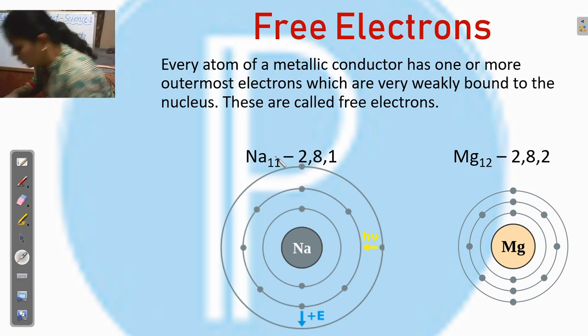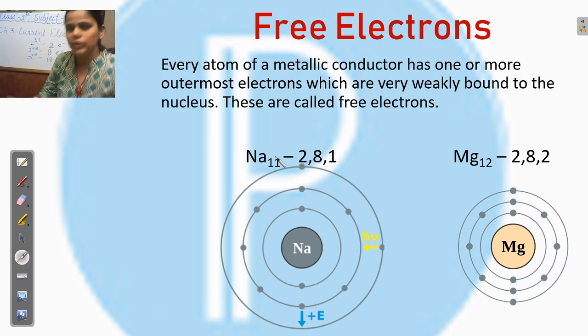Here a sodium atom has a total of 11 electrons. So distribute these 11 electrons in this way: in the first orbit 2 electrons, then 8 electrons, and the remaining 1 electron in the third orbit. So this one electron is very weakly bound to the nucleus.